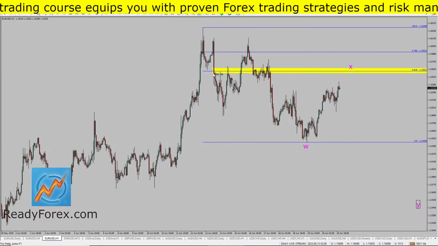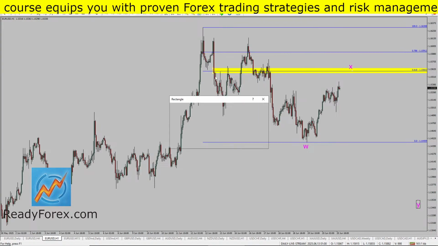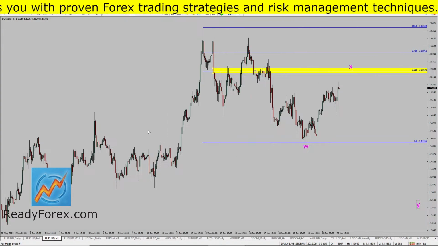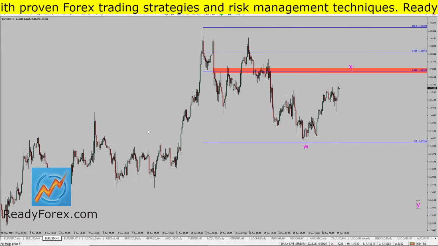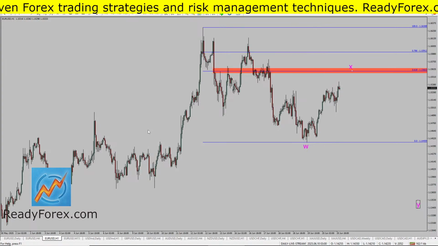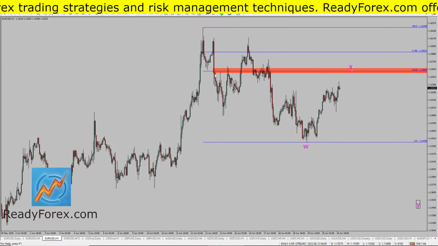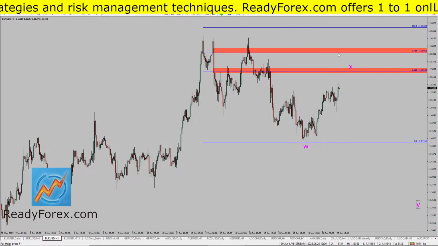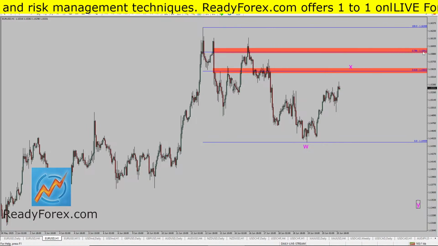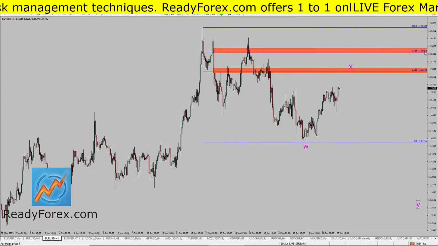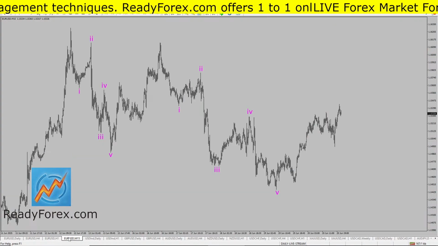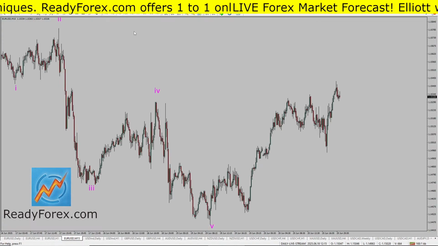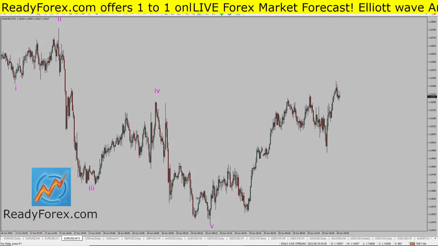So these two levels over here: the first one is the 1.1560 price level. The second is 0.786 right up there, which is the 1.1591 level.